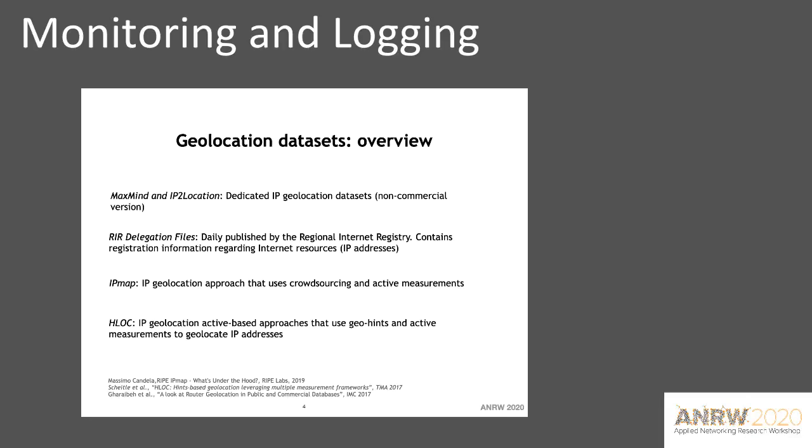At the same time, we use two recent geolocation methods, IPMap and HLOC, that employ active measurements from vantage points to determine the location of IP addresses. RIPE's IPMap relies mainly on RTT measurements from RIPE Atlas probes. HLOC also uses the RIPE Atlas platform, but prior to this, it extracts geohints from the IP's DNS names to select the set of probes that it is going to use to perform the measurements.